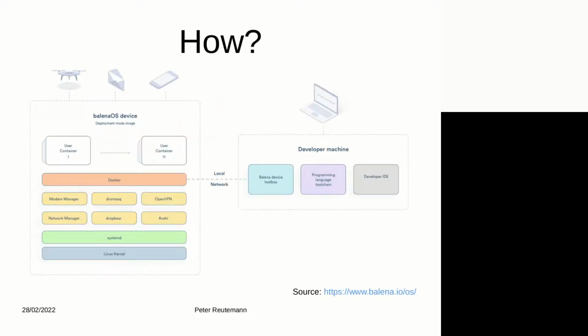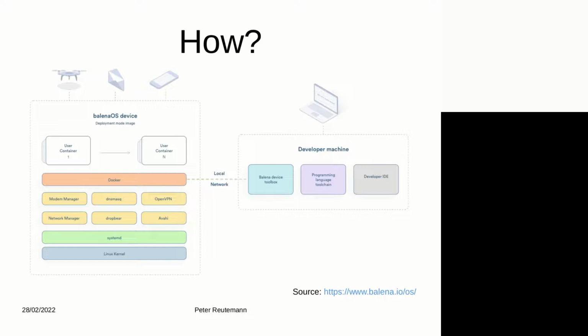Here's a little demonstration how it works. On the left-hand side at the bottom, the left-hand side is the device itself. So here's a drone depicted. There's a smartphone, and I'm not quite sure why there's an envelope, but we'll just leave it at that. At the bottom we have, since it's Linux based, a Linux kernel. It's running systemd.